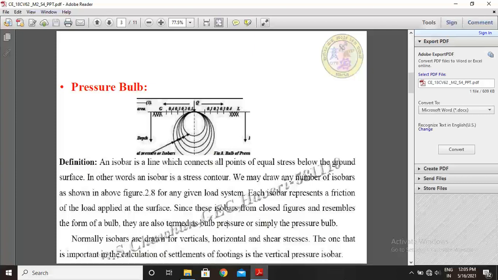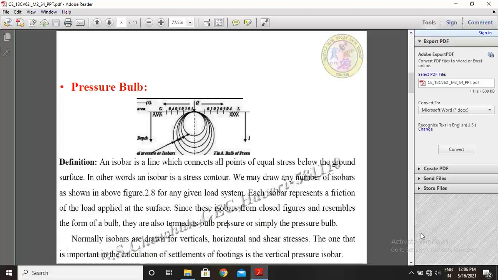Any number of pressure bulbs may be drawn for any applied load, since each one corresponds to an arbitrarily chosen value of stress.